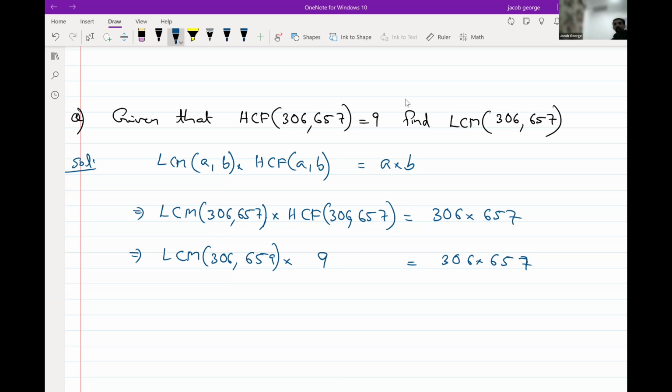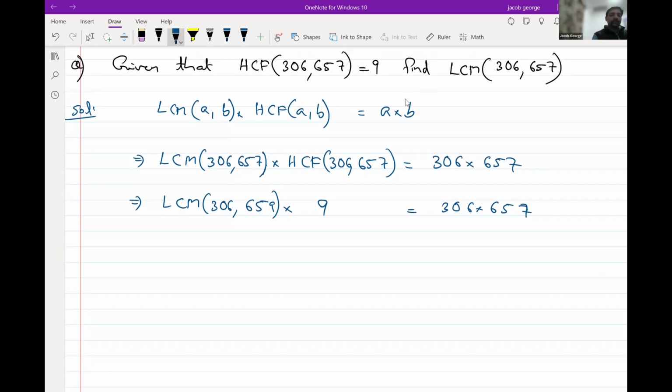So LCM of 306, 657 is equal to 306 into 657 whole divided by 9, please write. Then we can do the cancellation. 9 and 306 we cut.